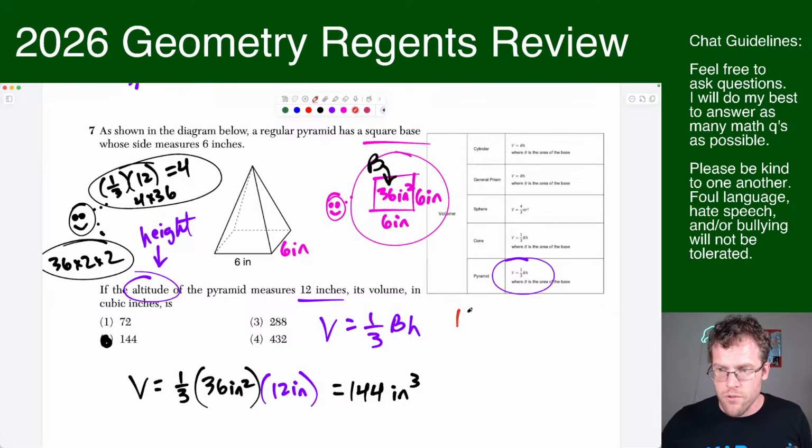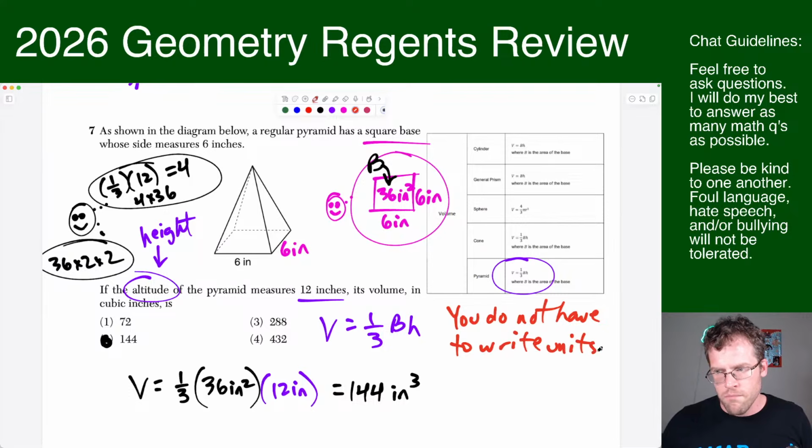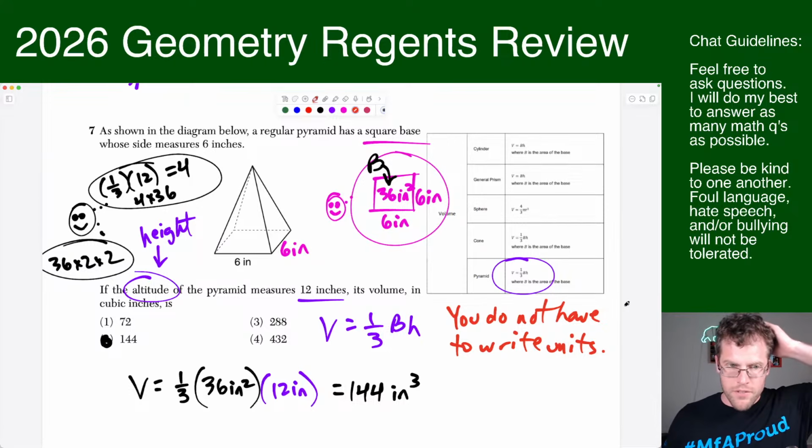But I'm going to say you do not have to write units in the free response. Here's the rule with that. You don't have to write units, but when you take physics, units matter a lot. You'll probably have a physics teacher scream at you if you forget to write units, so don't be bad at units. But on the geometry Regents, it doesn't matter.